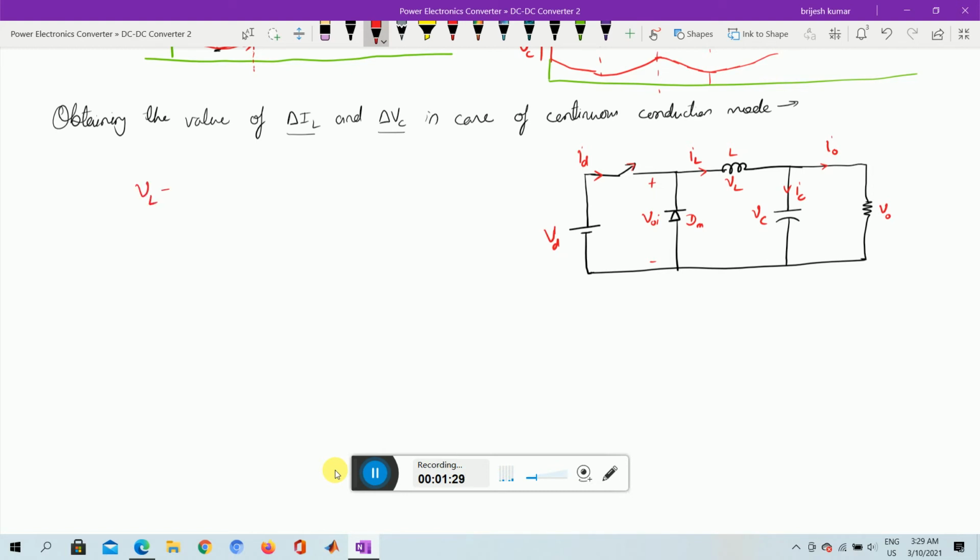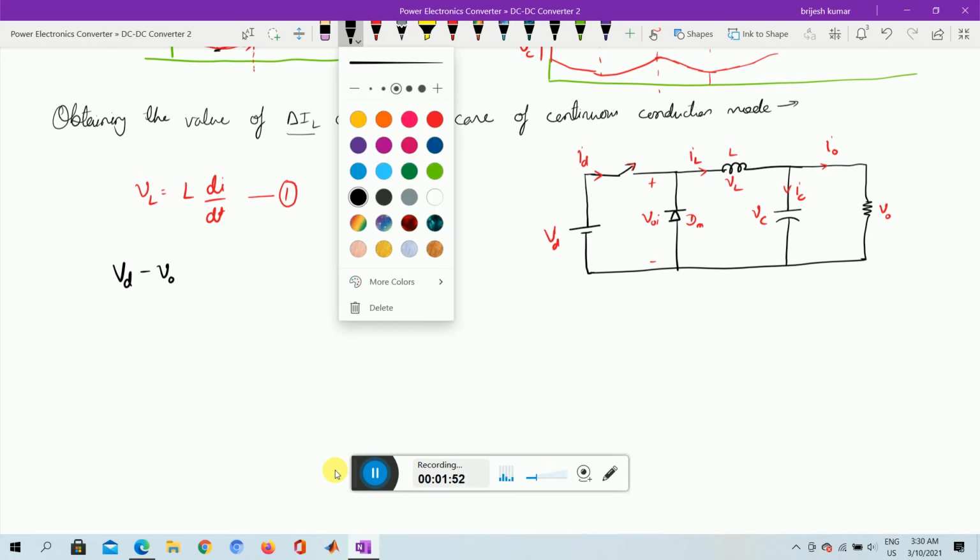VL is equal to L di by dt. This is the formula, the voltage across the inductor. So this is one equation. We can write VL as nothing but Vd minus V0.